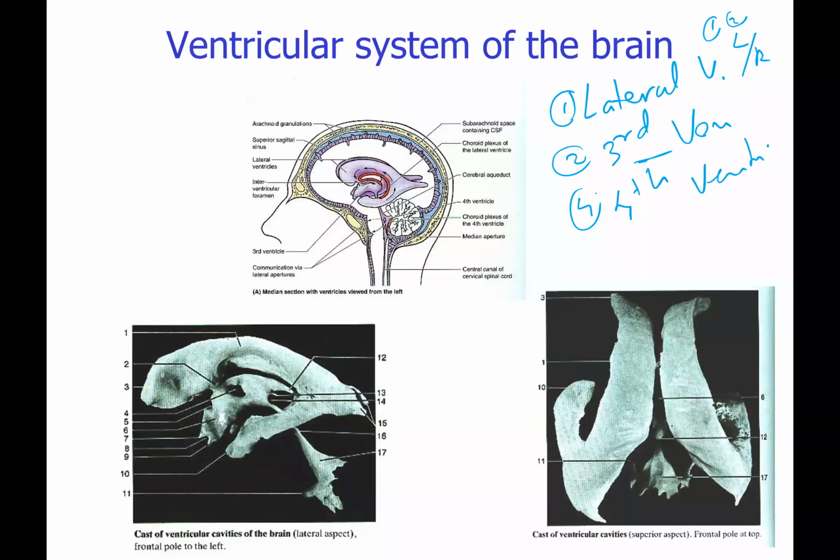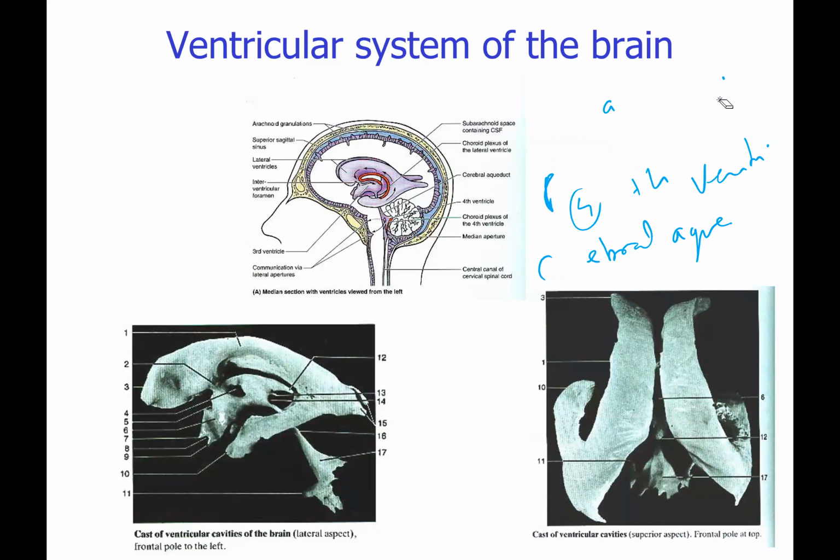Connecting the third and fourth ventricles, you have what is called the cerebral aqueduct. That is basically the ventricular system of the brain. It is very closely related to your basal ganglia and so on, so you should learn it together.